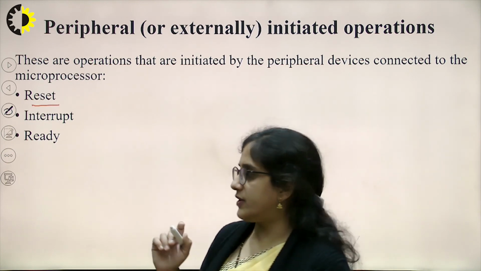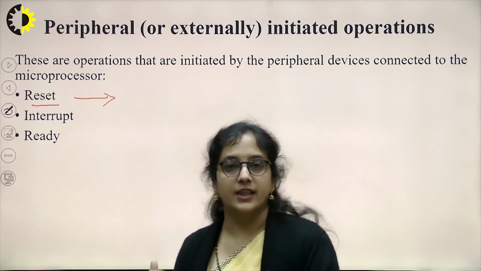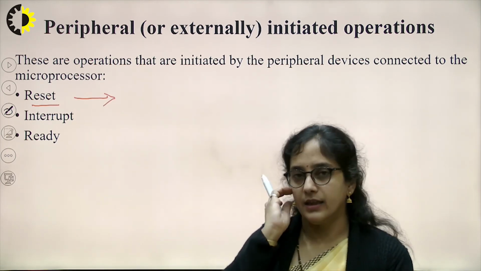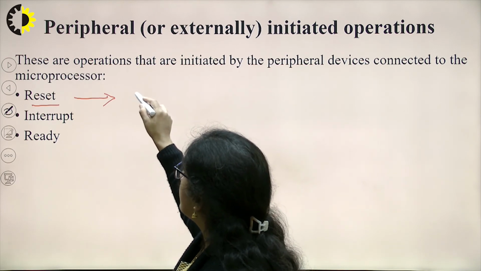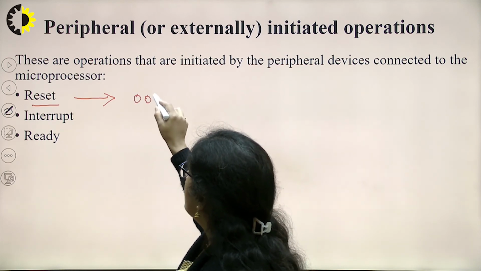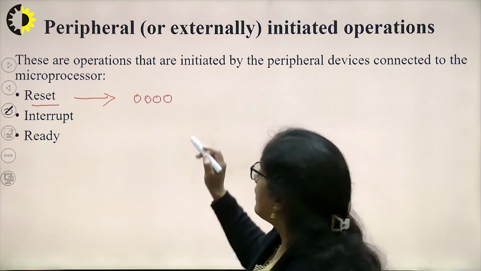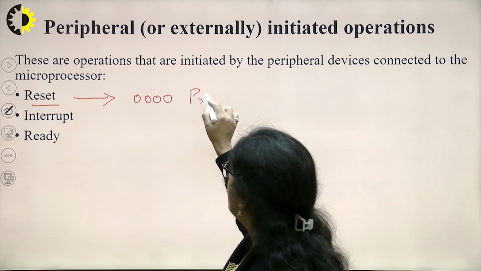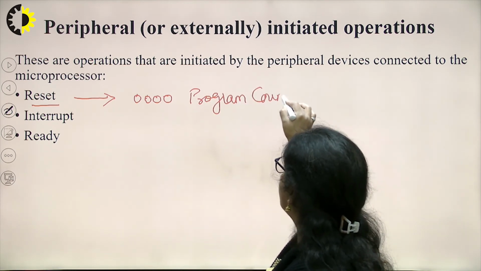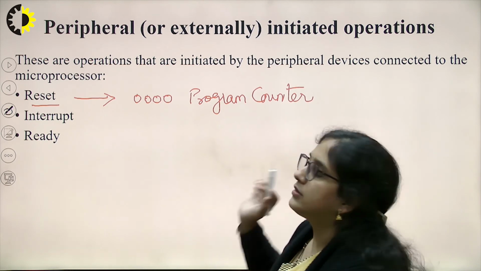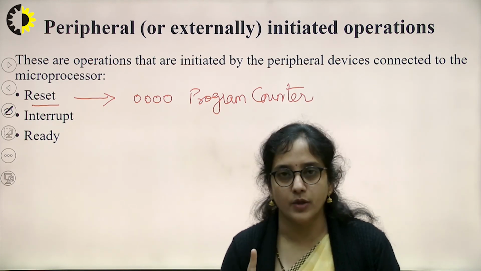Okay, just one thing I missed here. When this reset signal is activated, at that time the content of the register, there is one register, the program counter. We will see in detail the architecture of the microprocessor, then you will come to know that there is one register known as the program counter.